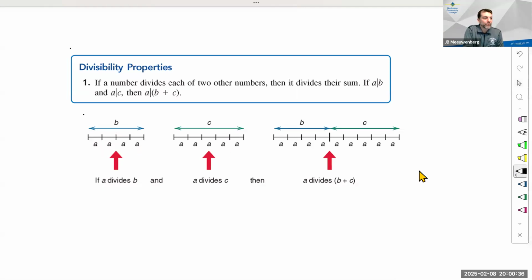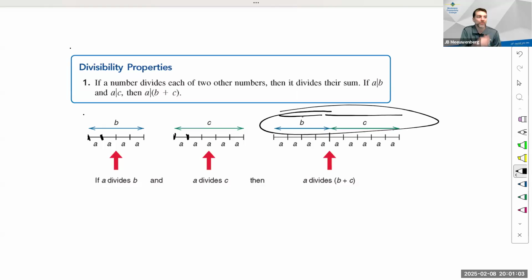A is the number we're working with. A divides B, so A is a factor of B. You can see here's the distance of A, and here's that same distance A repeated. It also divides C. So if you take B and C and put them right next to each other in a line, A is also going to be a factor of whatever those 2 numbers add up to, their sum.